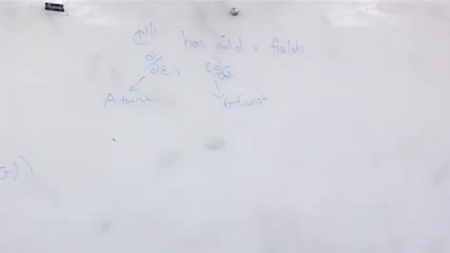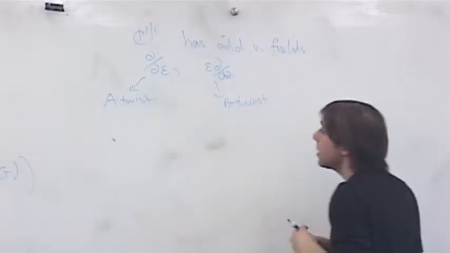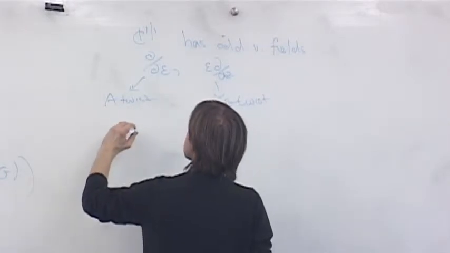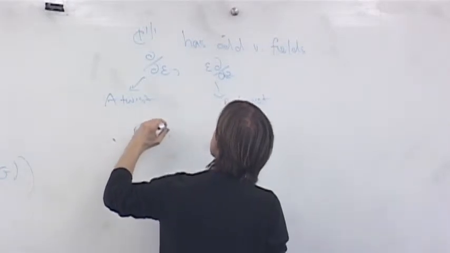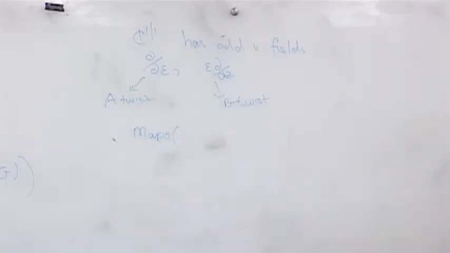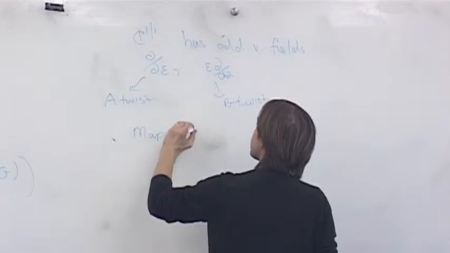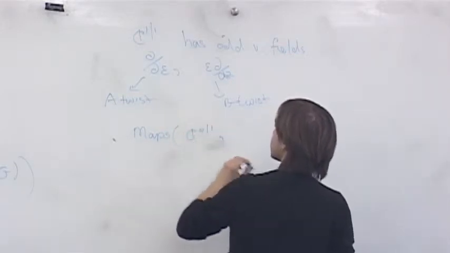So I want to explain what the A twist looks like. I want to talk about something I think David explained today. Turning on this d by d epsilon is very similar to making things equivariant for a circle action.